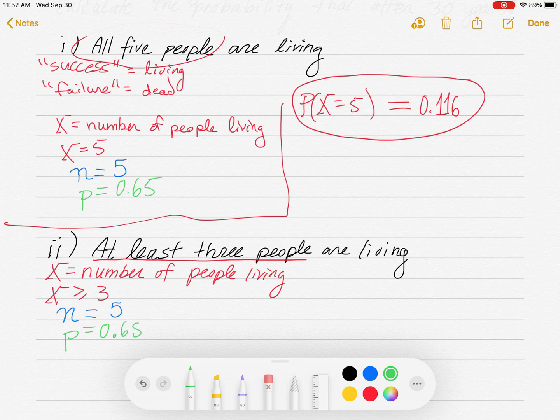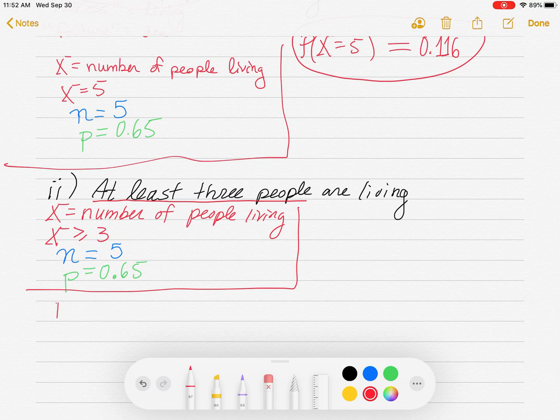And what's the probability of success on a single trial? Still 0.65, right? The probability that a single person lives more than 30 years is 65%. Okay. So what we're interested in here is the probability that x is greater than or equal to 3.